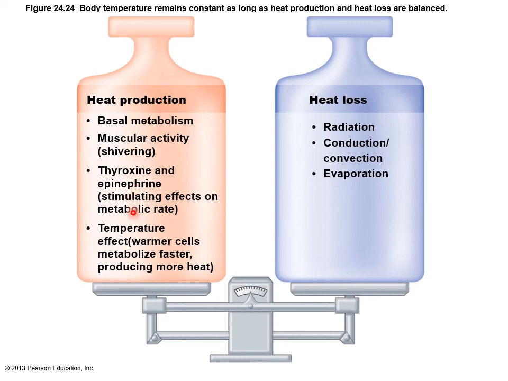Thyroxine and epinephrine have stimulating effects on metabolic rate and temperature. Warmer cells are going to metabolize faster, and they're going to produce more heat. Heat loss: you radiate heat away from the surface of the skin. Conduction, convection, and evaporation. And by evaporating liquids off the surface of the skin, by sweating, it carries away a lot of heat.